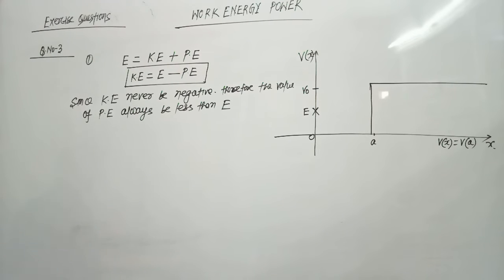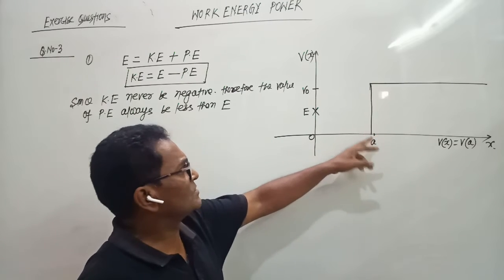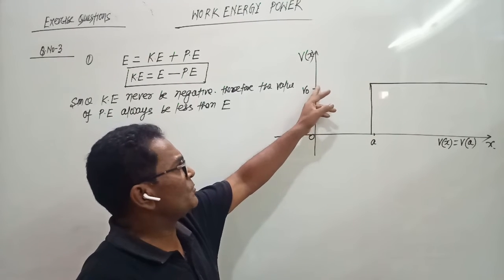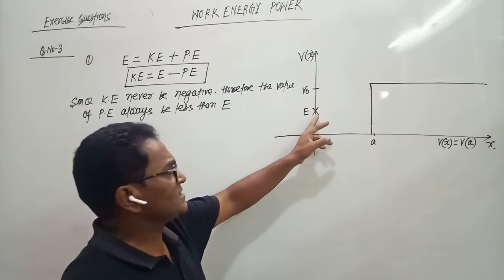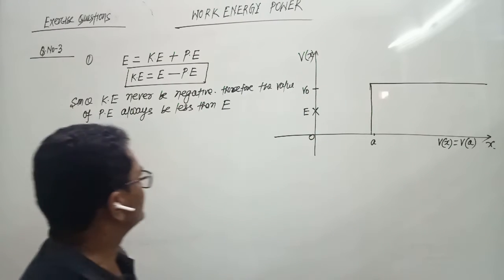Now, in the region from x equals 0 to x equals a, this is the total energy, this is the potential energy.